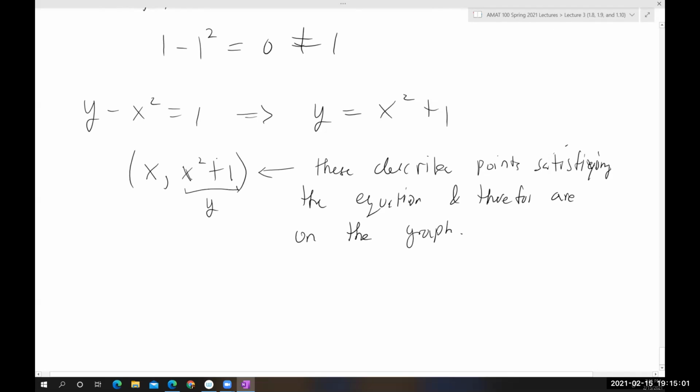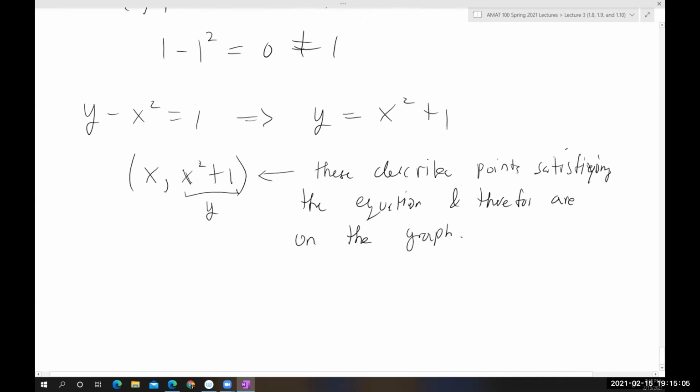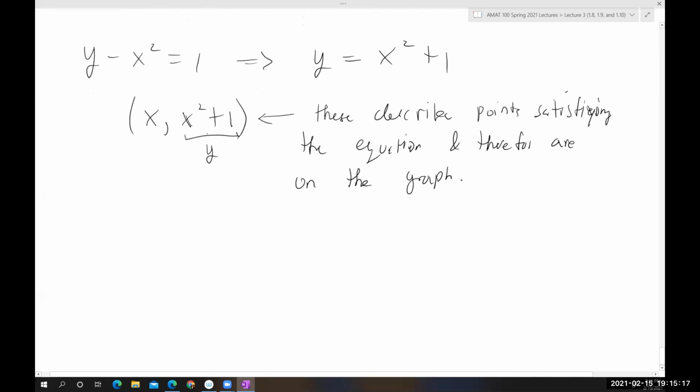So there's two ways you can find the points. You can guess and check. You can say, okay, I'll plug in x equals this, y equals that, and then figure out whether it satisfies the equation, or you can solve for y. You can't always do this, but you can solve for y, and then plug in various values of x, and those will give you the right values of y.